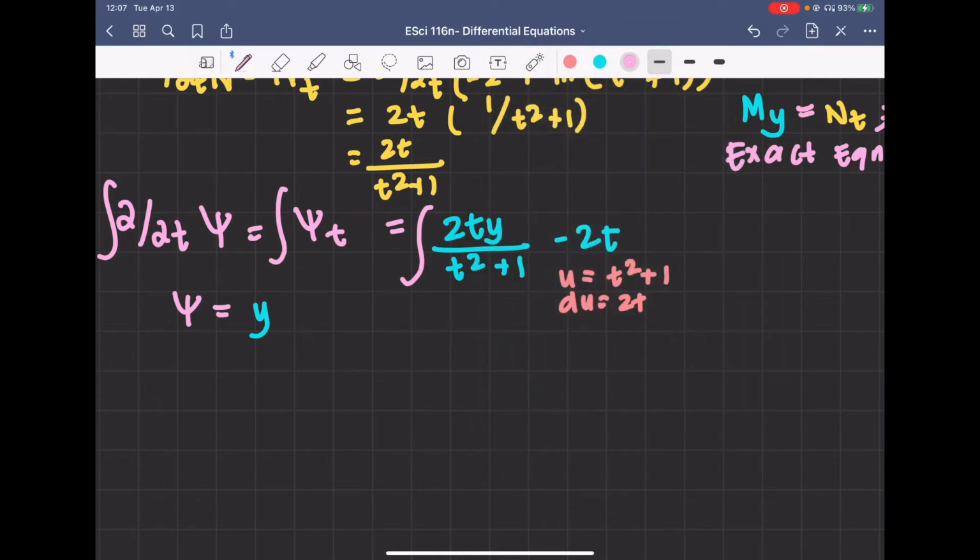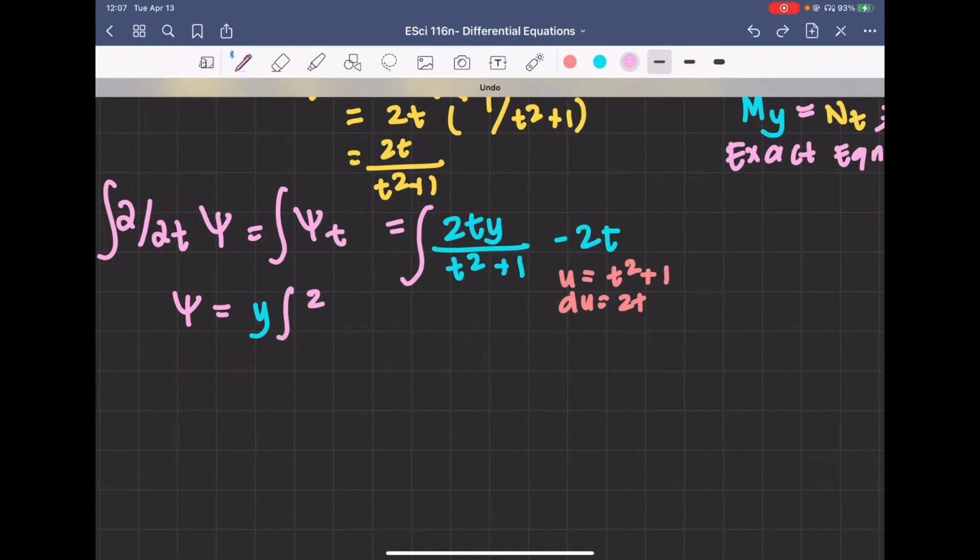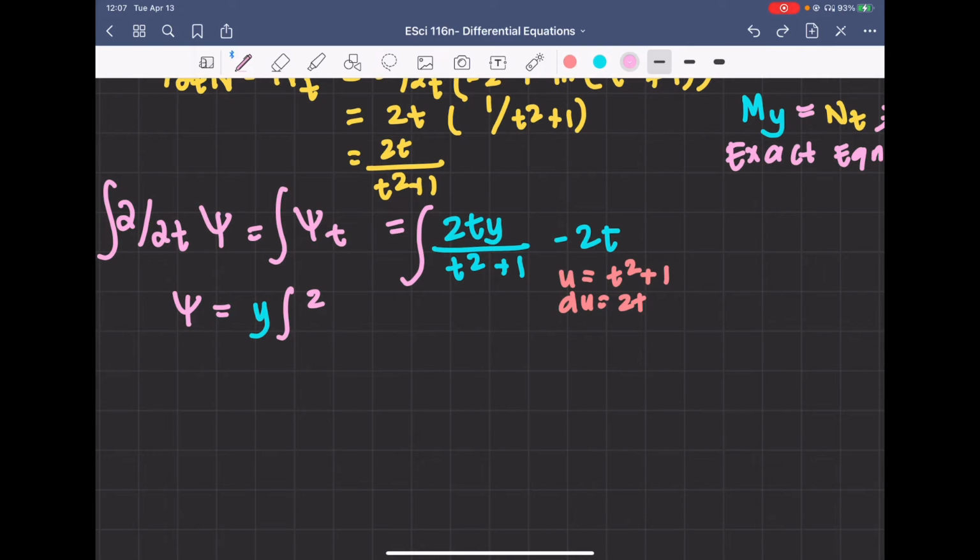So that's y times the integral of 2t over t squared plus 1, minus the integral of 2t.